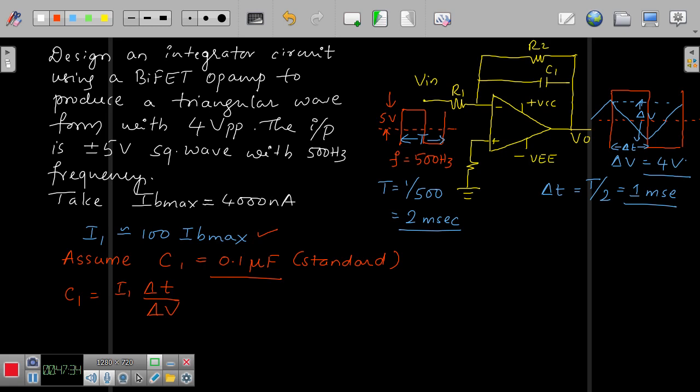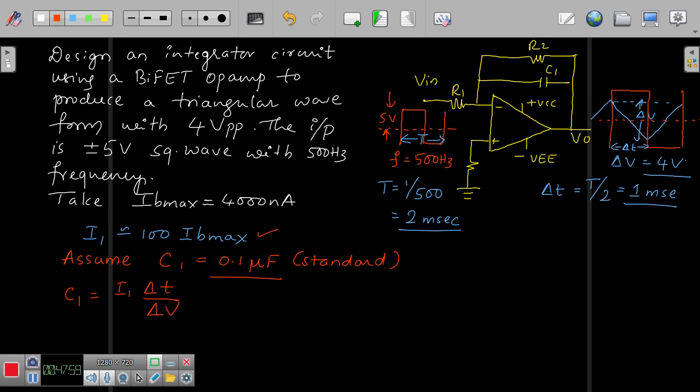Not all the op amps will hold good this equation. So it is for IC741 only. I1 equal to 100 times IB max is for IC741. But many a times we will take it as a generalized equation. I1 is equal to 100 times IB max, right?